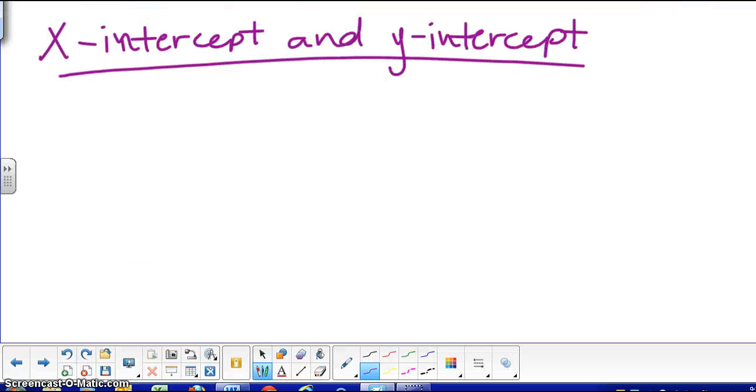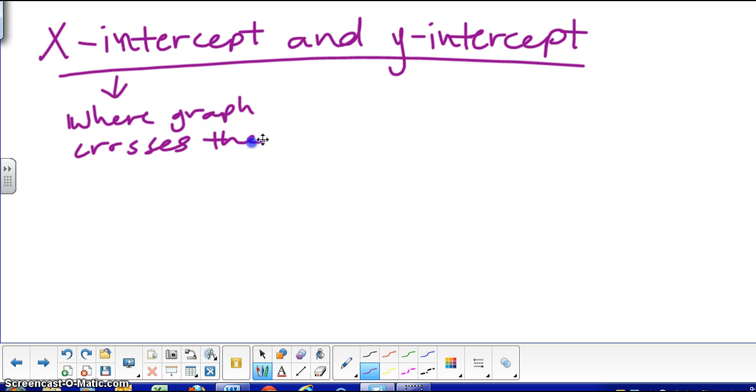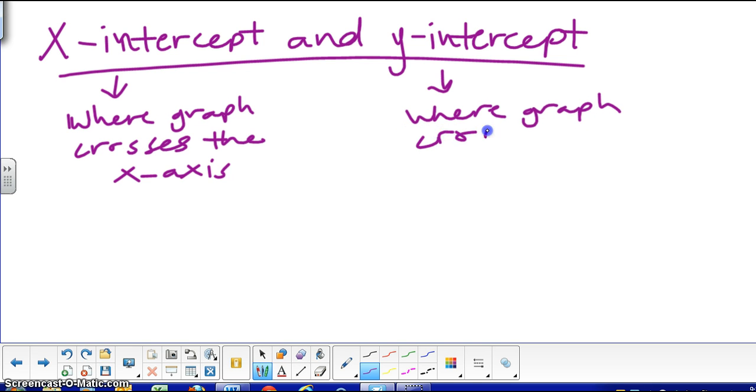One of the easiest points to find are the x-intercepts and the y-intercepts. By definition, the x-intercept is where the graph crosses the x-axis, and same for the y-intercept. It's also where the graph crosses, but in this one it is the y-axis.